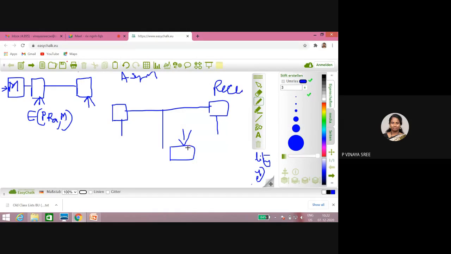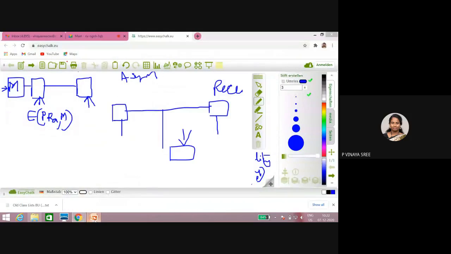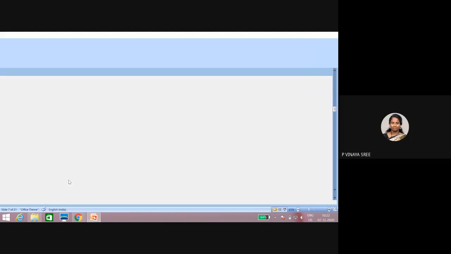Even if Eve knows the public key, it is infeasible to find out the private key. Knowing only the algorithm and public key is not sufficient. Even if you are using an algorithm like RSA, we cannot find out the private key, because the private key is only known by Bob. So that is infeasible.